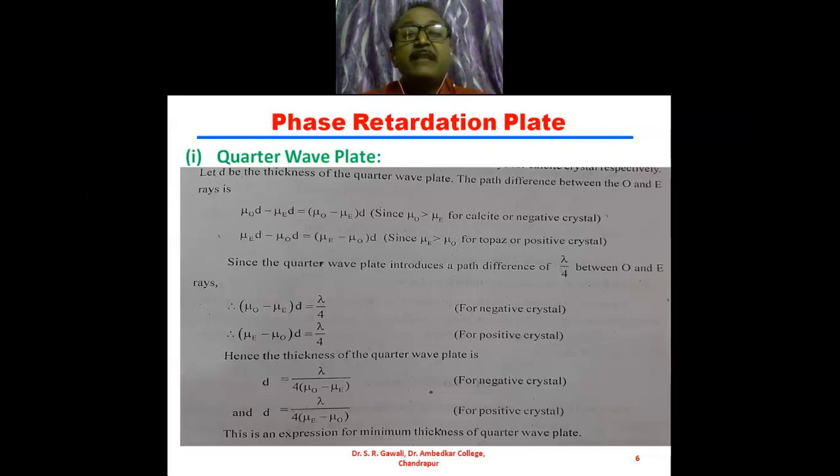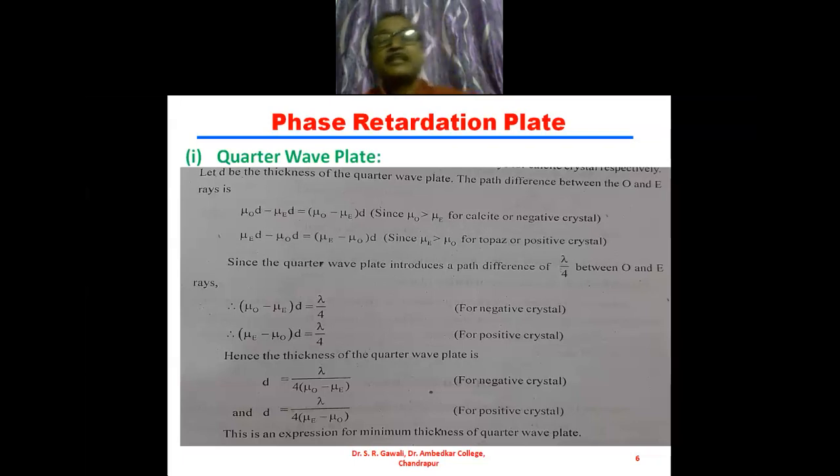Since the quarter wave plate introduces a path difference of lambda by 4 between the ordinary and extraordinary rays, mu O minus mu E into D, the optical path difference between the two rays, is equal to lambda by 4 for a negative crystal, and for a positive crystal mu E minus mu O into D is equal to lambda by 4.